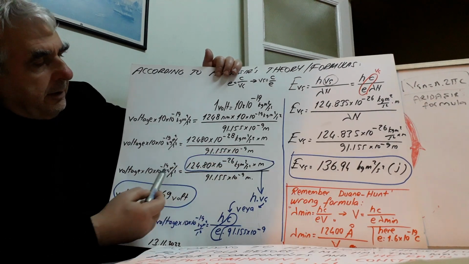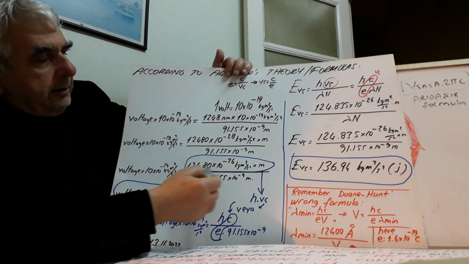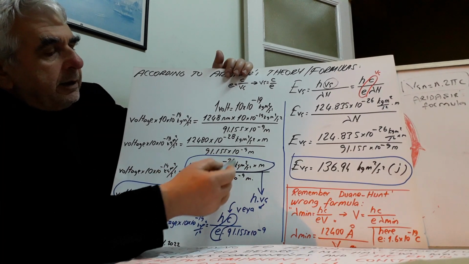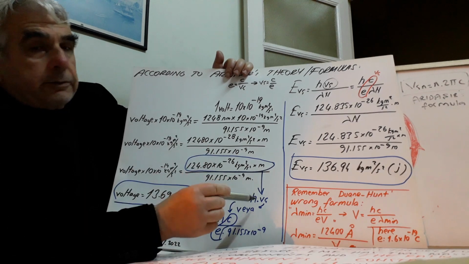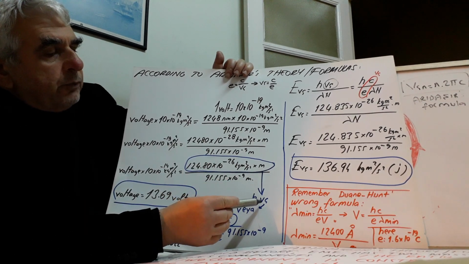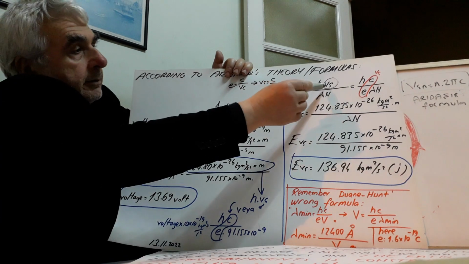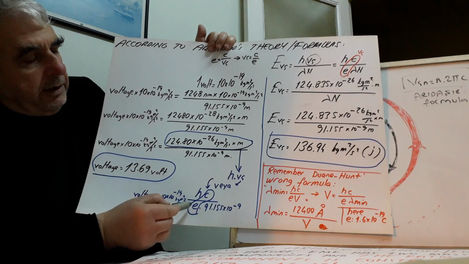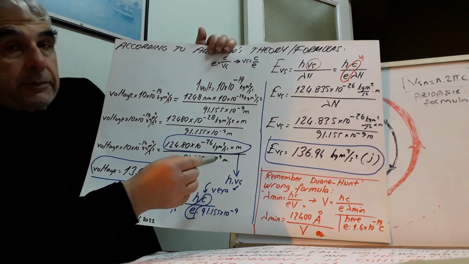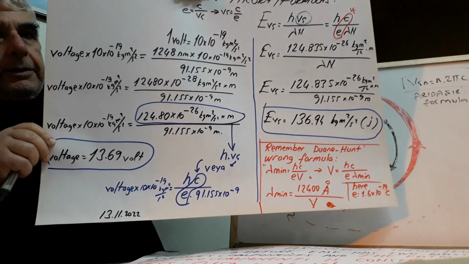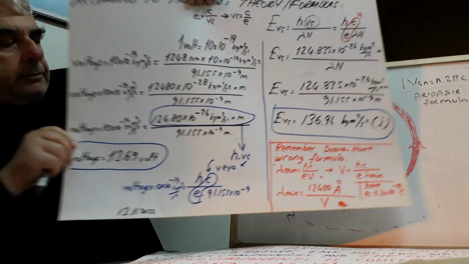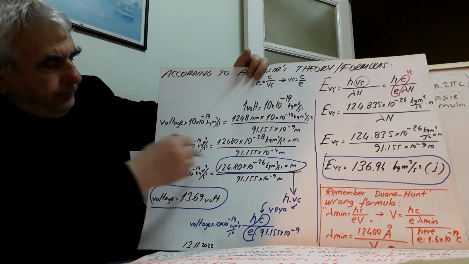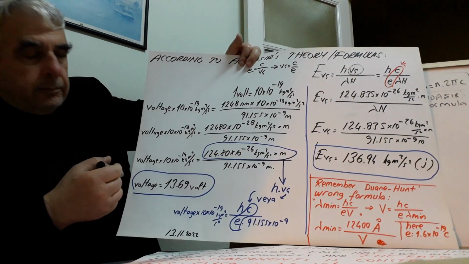Then upside on the numerator, I found h multiplied by Vg, linear velocity of electron, again, or C divided by E, same figure. Look at that carefully. Then I computed, nothing changed.